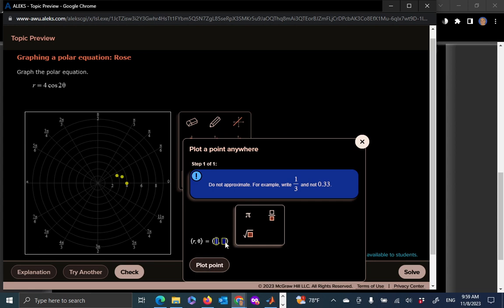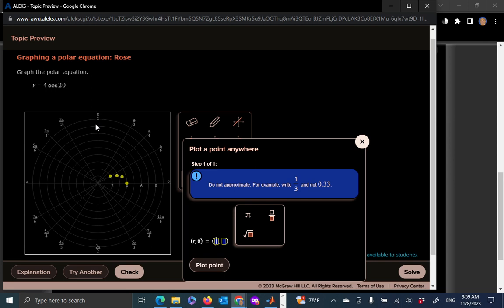Next, we get pi over 3, divide that by 2, so pi over 6. Double of that is pi over 3, cosine of that is 1/2, and 4 times that is going to be 2. So we reached pi over 3.